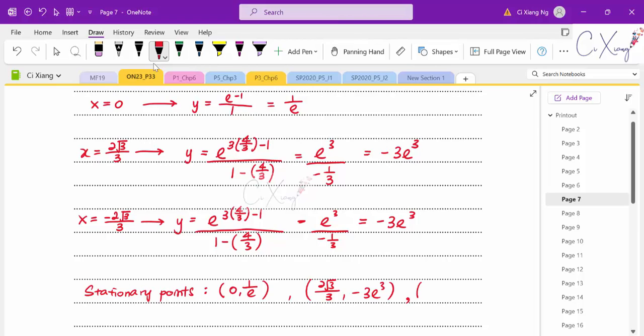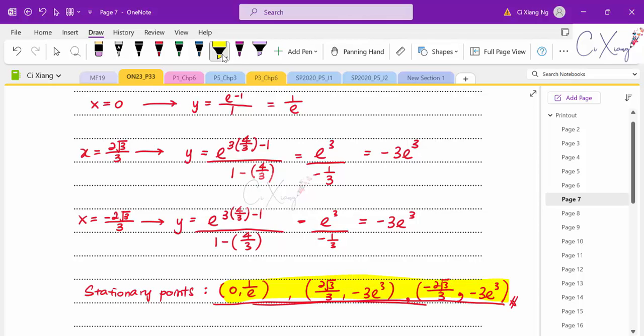Then another one is (negative 2 square root 3 over 3, negative 3e power 3). These are the 3 coordinates for the stationary points. We can stop here, with no need to decide which one is maximum and which one is minimum, because the question didn't request it.